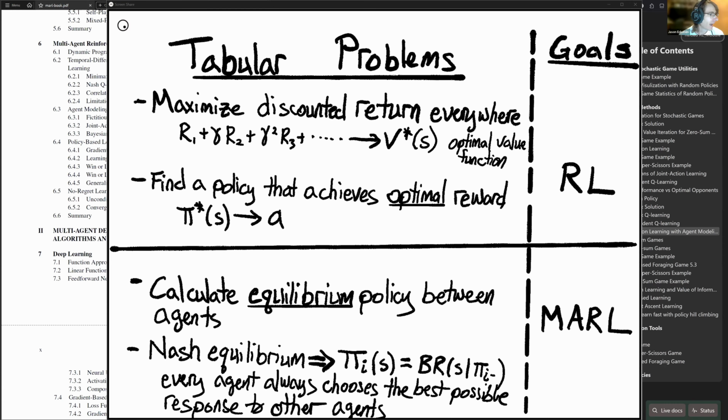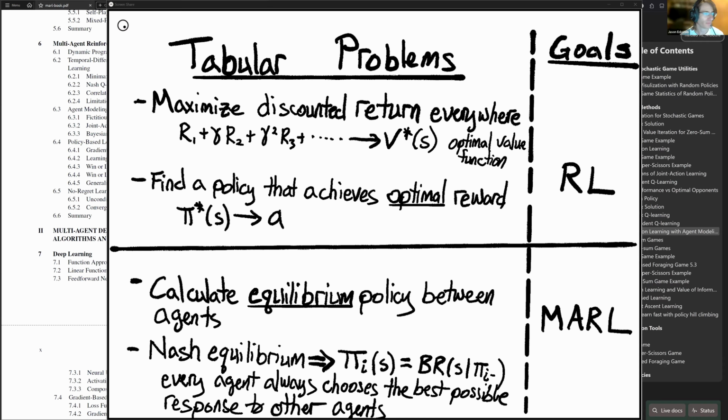Given a certain behavior that we define for an agent, that agent would achieve a certain value of discounted reward for a given state.